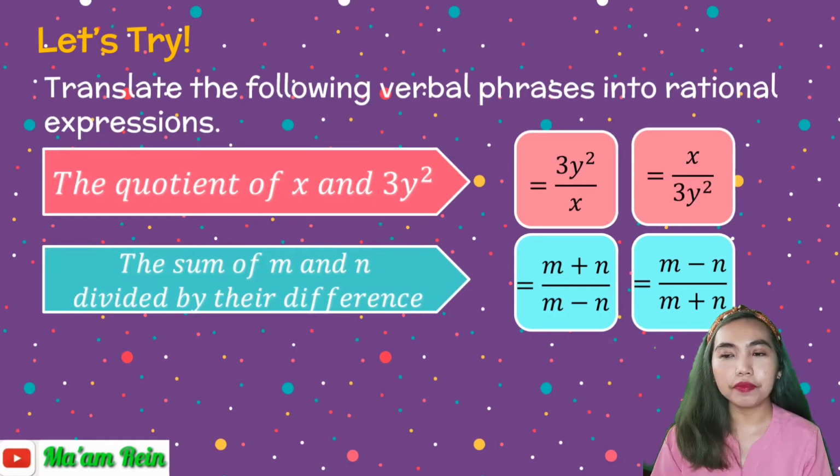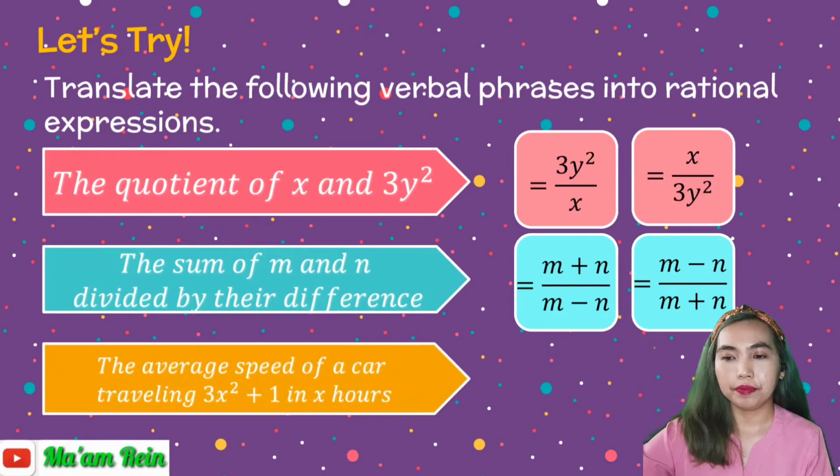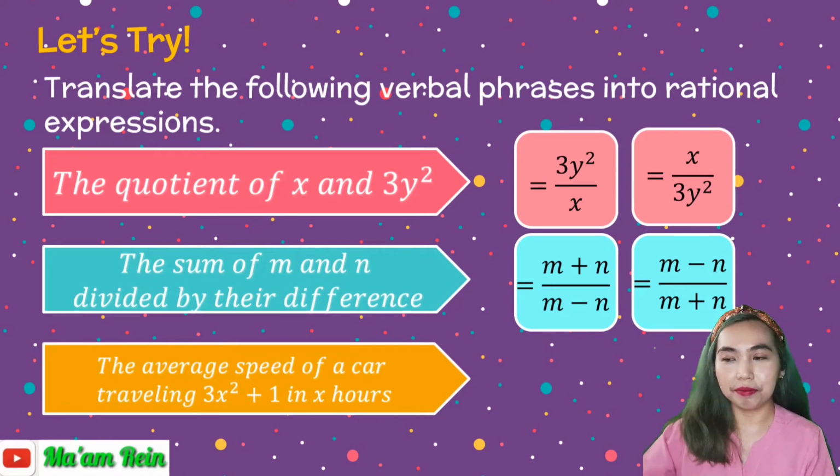Next, the average speed of a car traveling 3x squared plus 1 in x hours. When we say speed, it is equal to the distance over time. So what will be the answer?